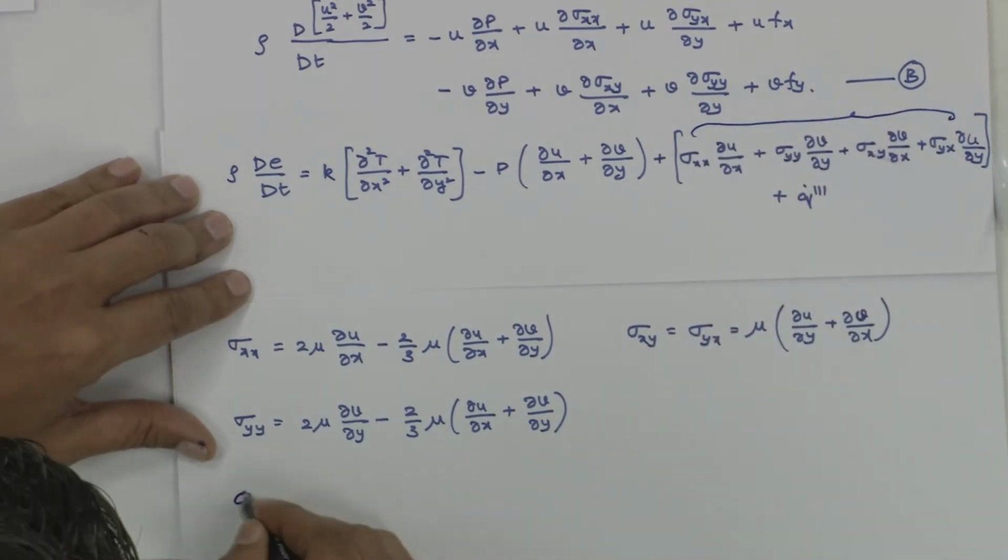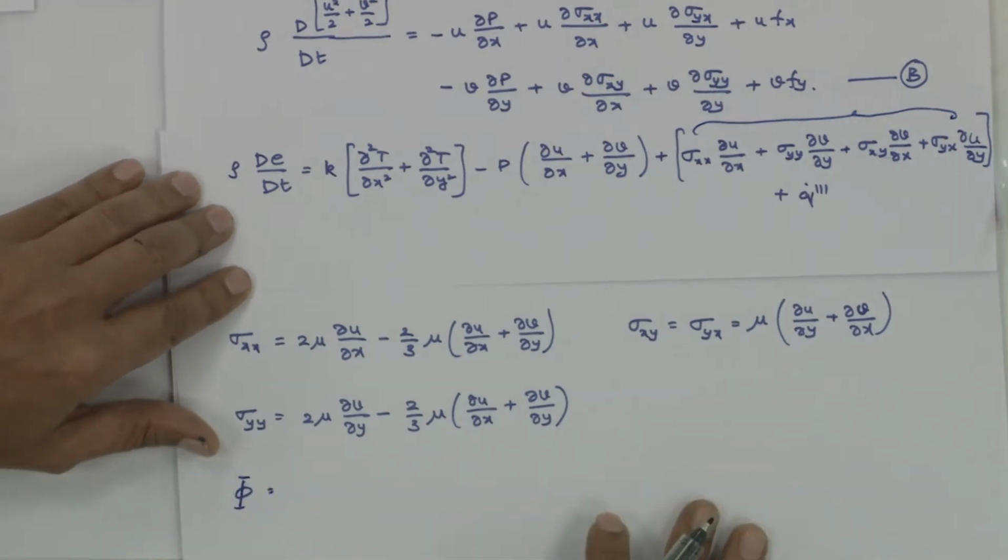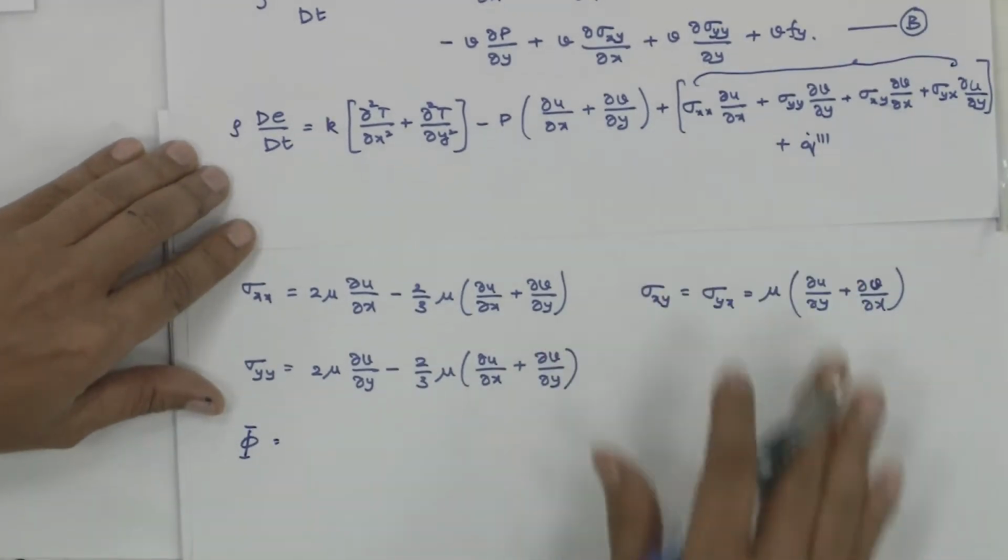So now what I am trying to do is write this whole term as a viscous diffusion term. There is a small algebra I am skipping, which you can work out.